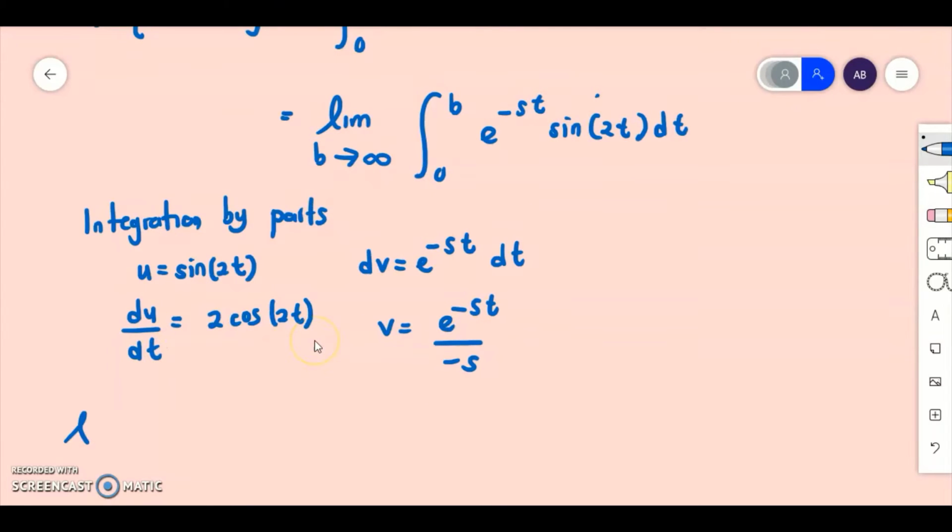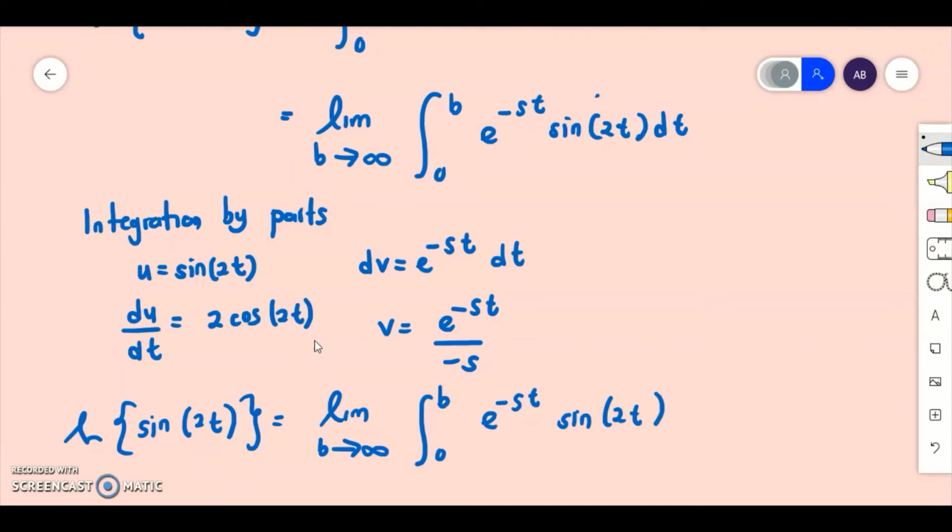Okay, so the Laplace transform of sine 2t is given by this limit b approaches infinity. Now this is the part where you have used integration by parts. Okay, integrating from 0 to b.